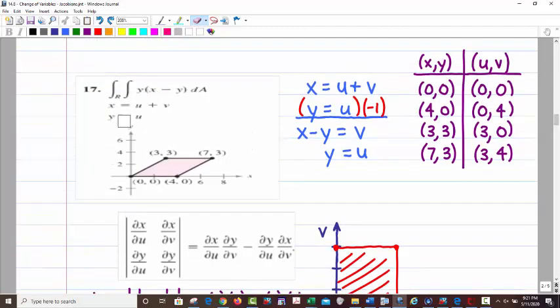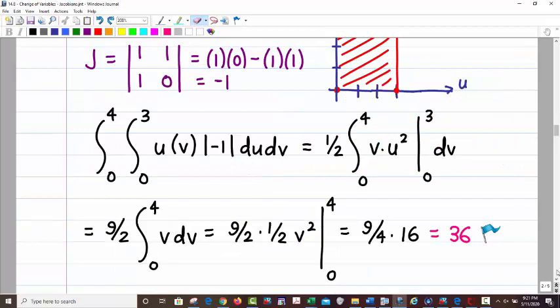We know that y is u, and then from over here, you could actually just subtract these two and get the same answer. But v is x minus y. So the first one is u, and x minus y happens to be v. And then the Jacobian is part of the dA. So it's du dv with the absolute value of the Jacobian mixed in there.